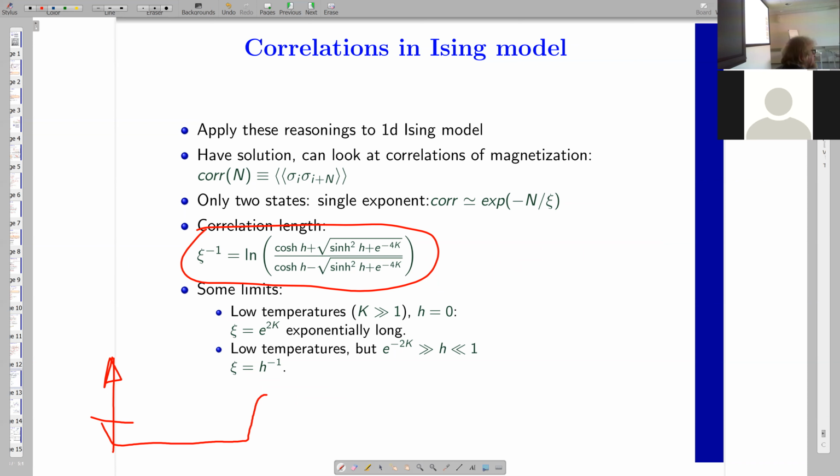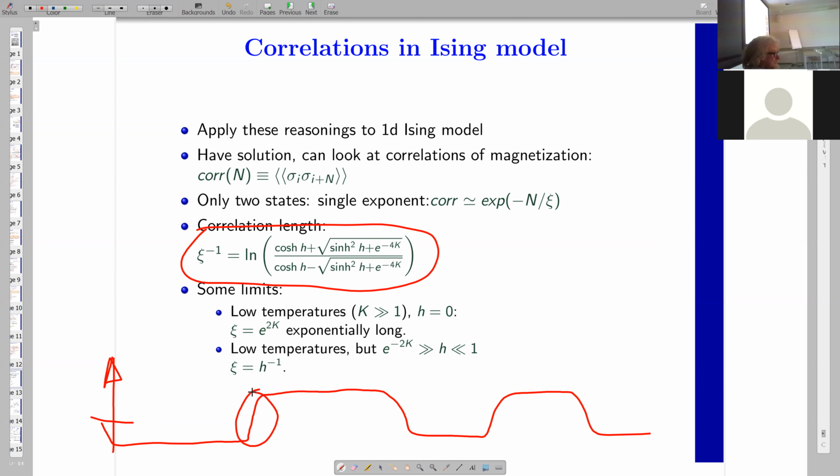Then there will be something like what we would call a domain wall, another long domain, something like that. The smaller the temperature, the longer the domains are. Why is it so? Because it costs energy to make a domain wall.